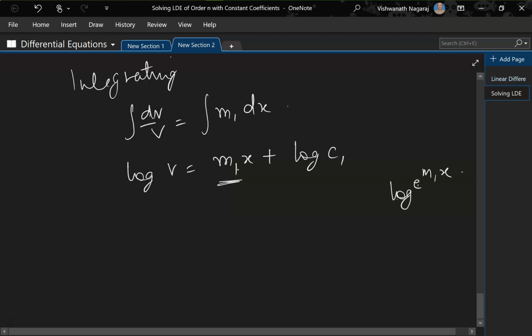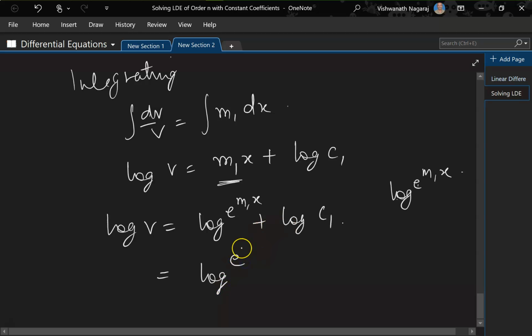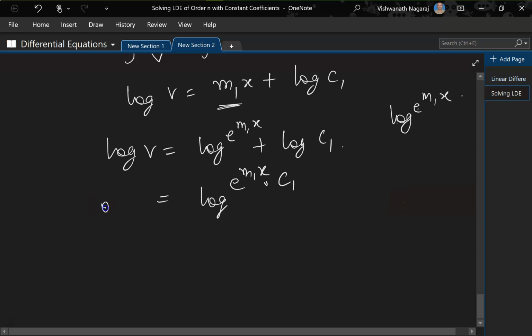So we go reverse. So this we write as log v is equal to log of e to the power of m1x plus log c1. Now using log rules, this addition becomes multiplication, so log of e to the power of m1x times c1, and now we exponentiate both sides to get rid of log.